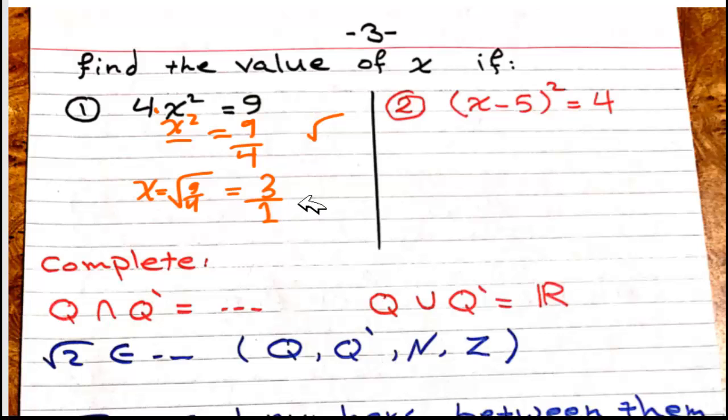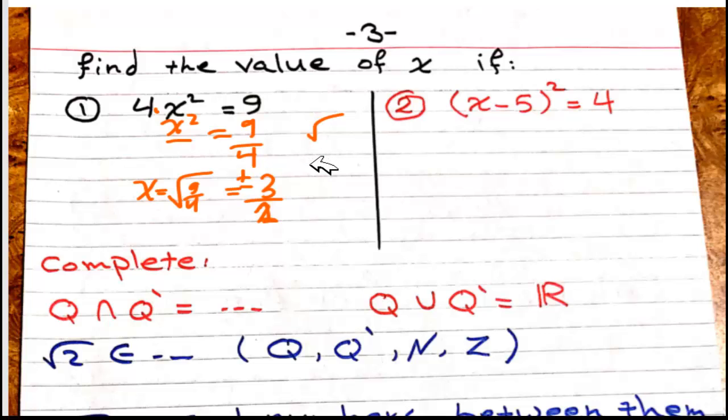And another one says, Mr. I can say positive 3 over 2. I don't know. So it will be positive or negative 3 over 2. The square root can give you 2 values, but the cube root gives you just 1.